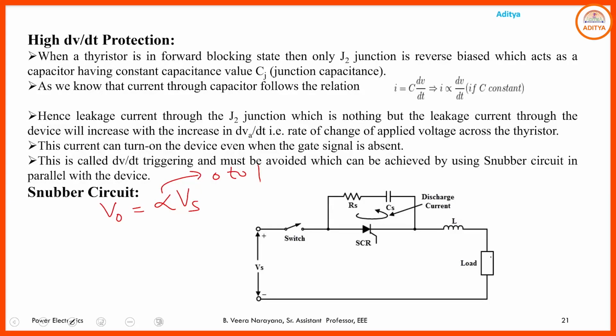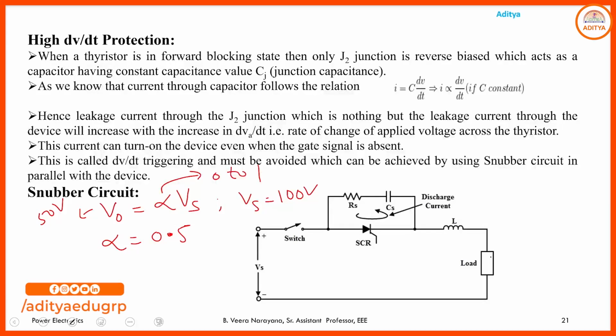For example, I have a source voltage of 100 volts and I want an output voltage of 50 volts. Then you maintain the duty cycle ratio at 0.5. If you maintain the duty cycle ratio at 0.5, you get an output voltage of 50 volts from the input of 100 volts.